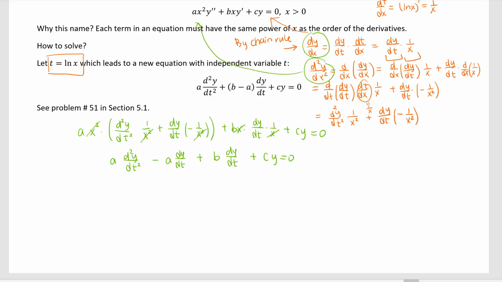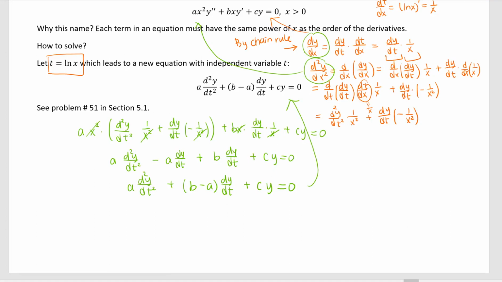What's next? We have a times the second derivative, and then let's factor out dy/dt, so we have b minus a, plus c times y equal to 0. So that is our equation.